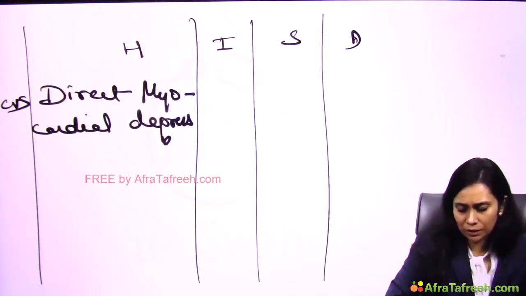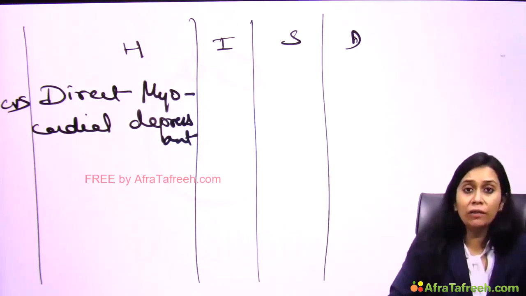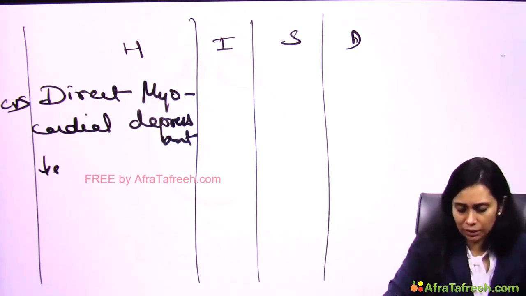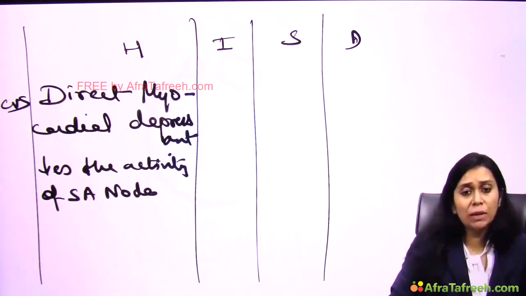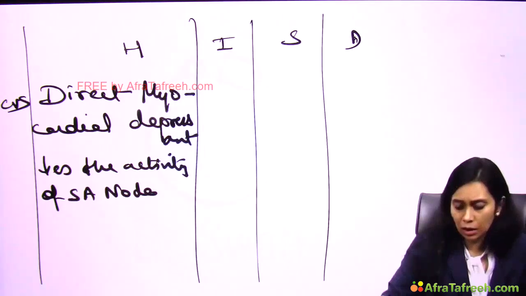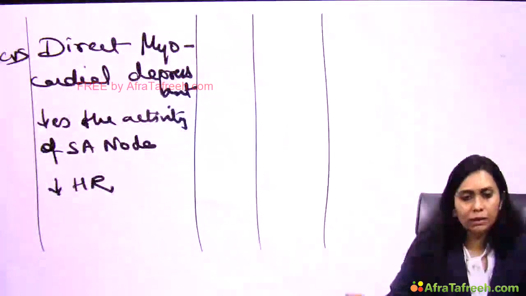What does it depress? It depresses the activity of the SA node. What is the SA node? The pacemaker of the heart. So what would happen? Heart rate would decrease, right?